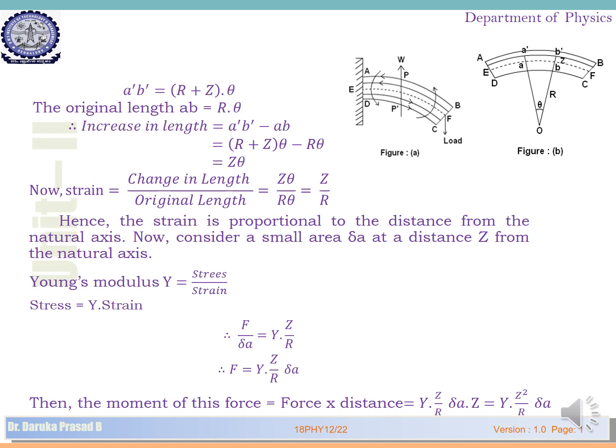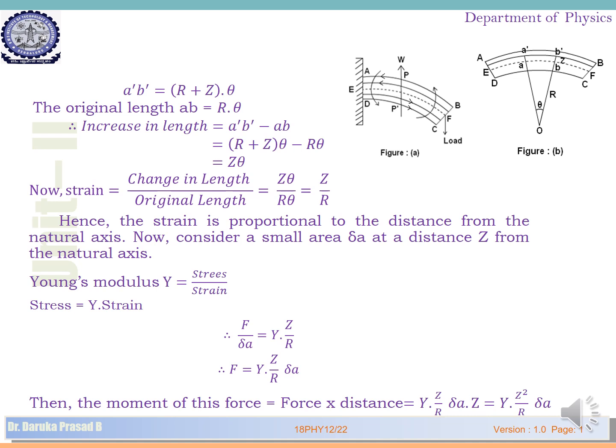As you know, the strain is proportional to the distance from the natural axis or neutral axis. Now consider a small area which is created with AB as a line element in that plane. So delta A is a small area at a distance Z from the neutral axis. From the definition, Young's modulus is equal to stress by strain.